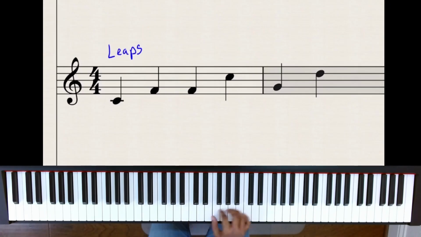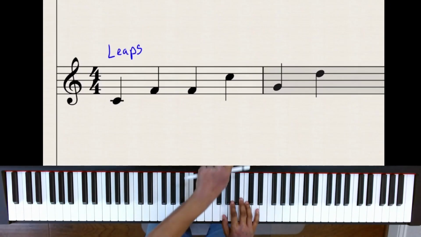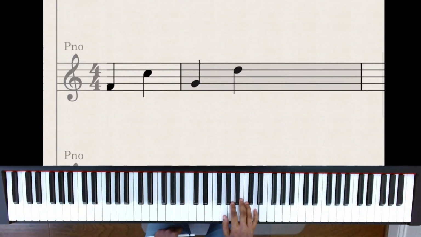And then F to C, we skipped G, A, and B to get there. So also we have this example from G to D. Skipped three notes again, the A, B, and C.